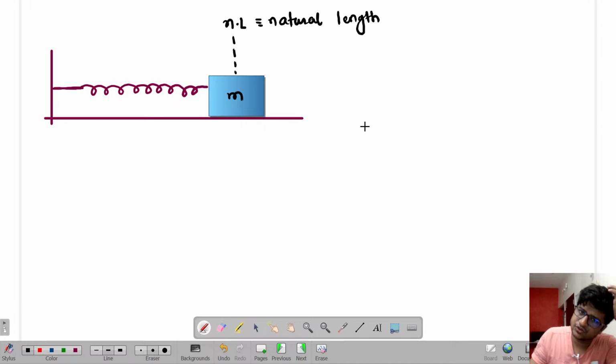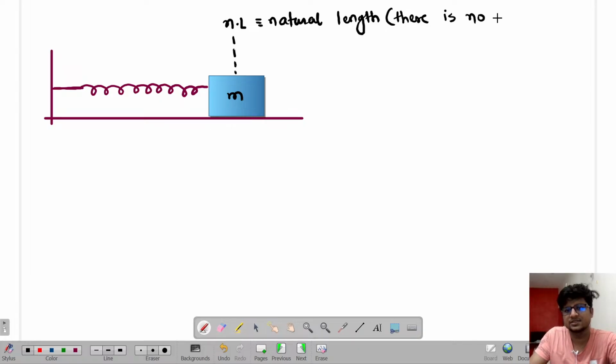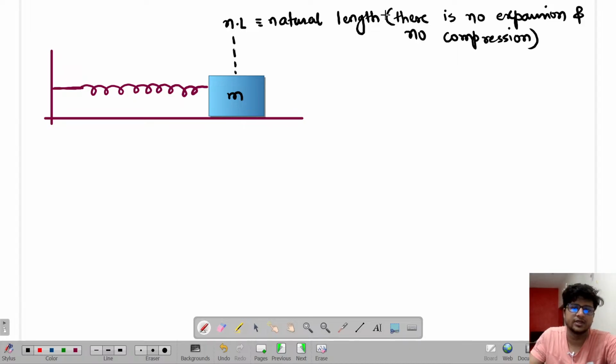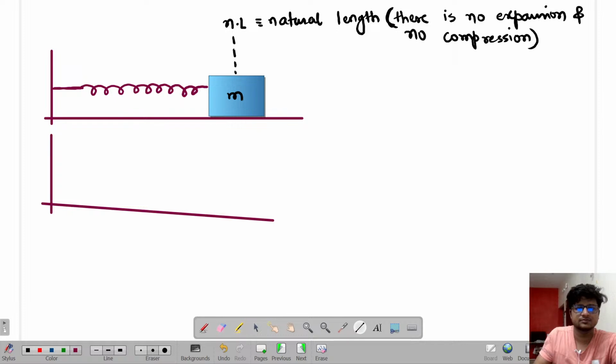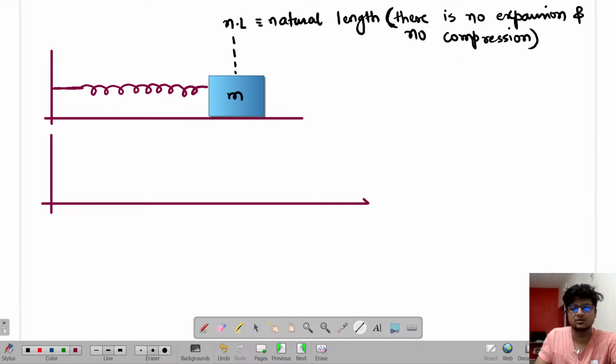Now what does this word natural length mean? Over here there is no expansion and no compression. Hold on. Over here there is no expansion and there is no compression. Are you able to get me or not? Now what I did in the second stage, I expanded this. So look over here.